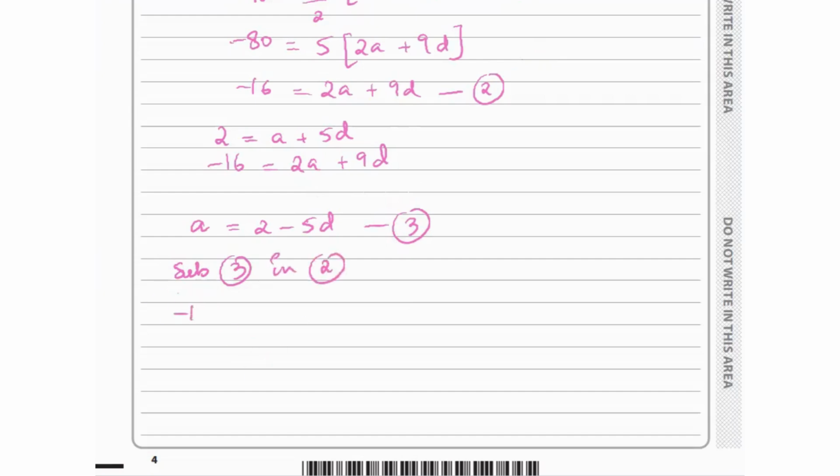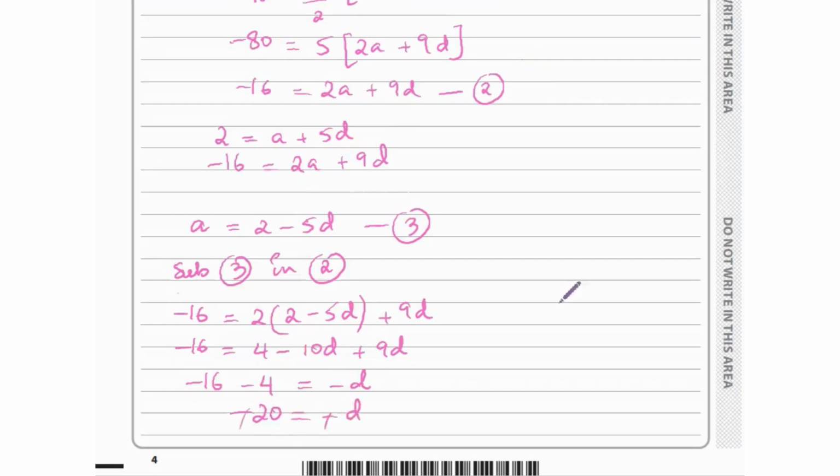That's going to be negative 16 equals 2 times (2 minus 5d) plus 9d. Negative 16 equals 4 minus 10d plus 9d. Negative 16 minus 4 equals negative d. That's negative 20 equals negative d.